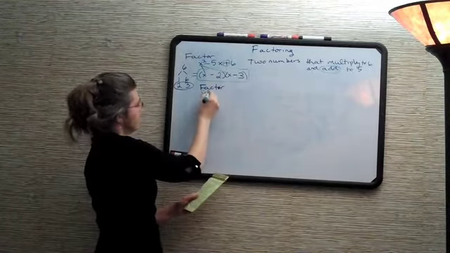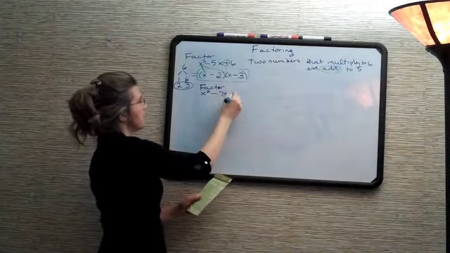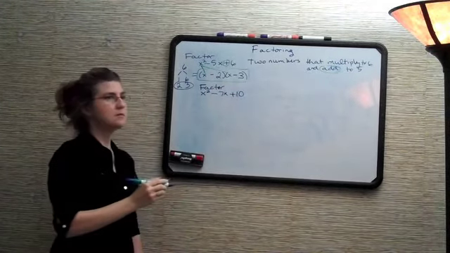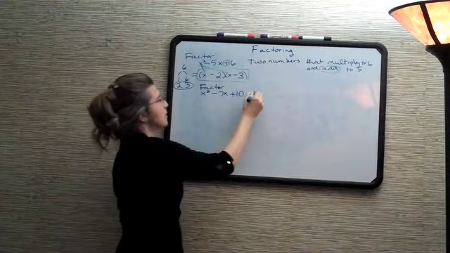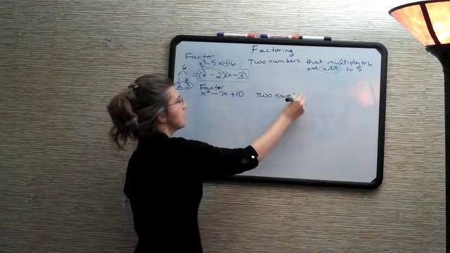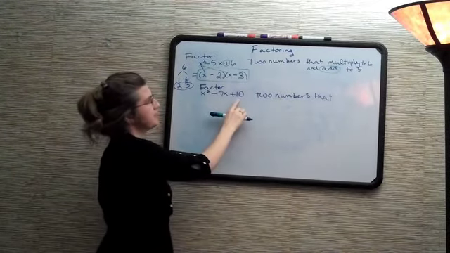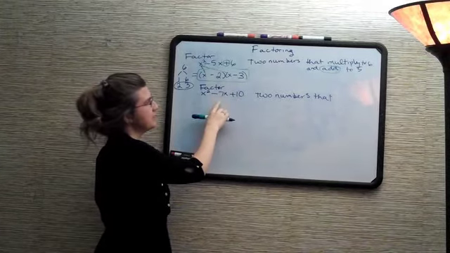So, let's factor x squared minus 7x plus 10. So, we want two numbers that multiply to give 10 and add to give 7.